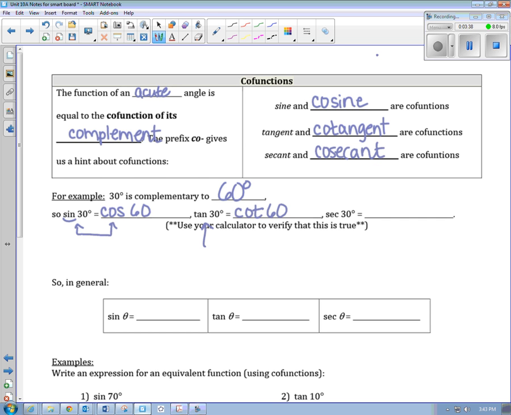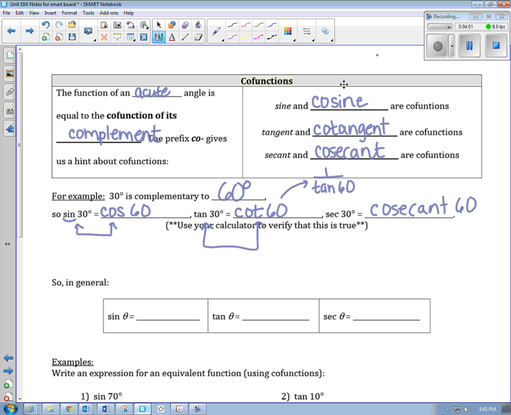If you type these two in on your calculator, they will be equal. Just to note, when you type in cotangent of 60, you have to use the reciprocal relationship where you type in 1 divided by the tangent of 60. And then in the last scenario, the secant of 30 is equal to the cosecant of the complementary angle, in this case 60.